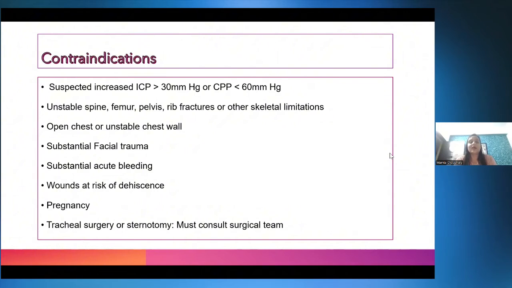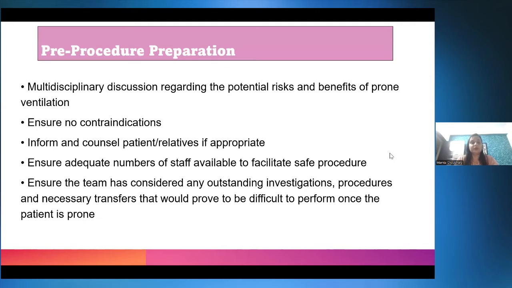If the patient is having unstable spine, femur, pelvis, rib fracture or other skeletal limitations, if a person is having open chest or unstable chest wall, substantial facial trauma, substantial acute bleeding, wound at risk of dehiscence, pregnancy, and in case of tracheal surgery or sternotomy where it can be used, but the surgical team should be consulted before its use. Now let us come to our main topic.